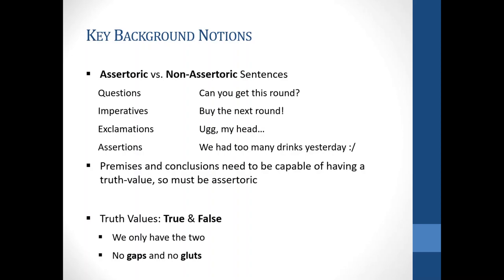Now, I talk about truth apt, and in order for these systems to work, we're going to make some simplifying assumptions about truth. In fact, we're going to make two. The first simplifying assumption is that we're going to say there's only two truth values. There's true, and there's false, and there ain't nothing in between.